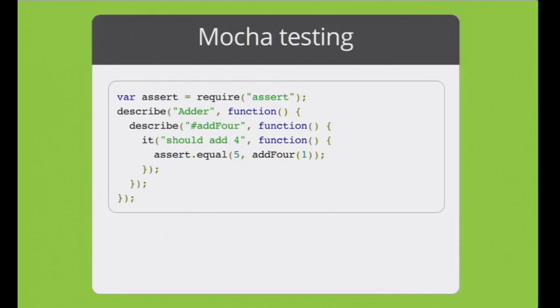I'm describing that adder JavaScript that I wrote before, and then here I'm describing the add4. I don't need this nested describe, but you can do it as it's been done here. And I'm saying it should add 4, and then assert equal 5 is equal to add4 of 1. And that's a simple test in a nutshell.